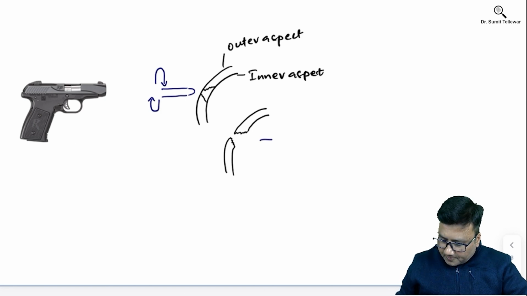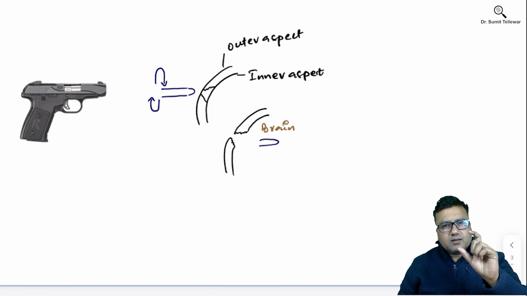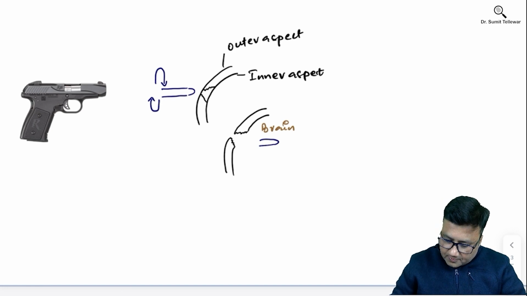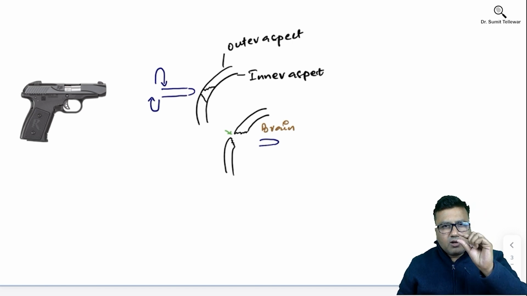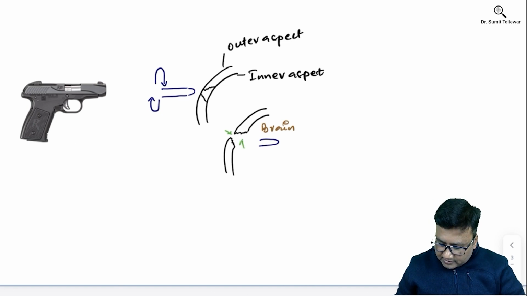And the bullet has entered into the brain space. So you can say that this area is brain, right? So what we can see, as the bullet has moved into the skull, it has created openings in the outer table of the skull as well as the inner table of the skull. But the opening in the outer table of the skull is very small, whereas the opening in the inner table of the skull, as you can see here, this is big.